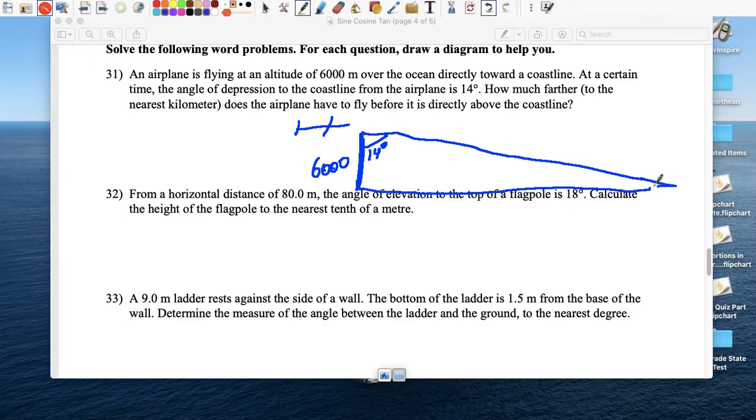So this is the distance that the airplane has to go from here all the way to here. Let's call that x. And the hypotenuse, we don't know, but we have all the information that we need. So we want to find x. What can I use here? This is my opposite, this is my hypotenuse, and this is my adjacent.